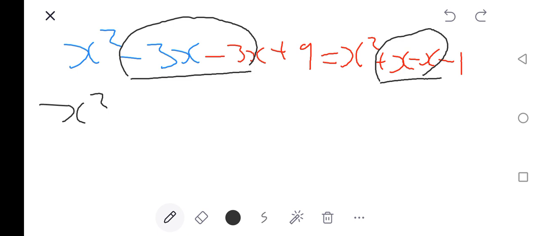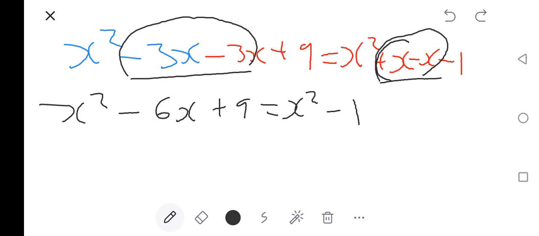Negative, negative means we're adding. So we've got negative 6x plus 9. We have x squared. x minus x is 0, so no need of writing it. So we just have negative 1. I haven't written the things here because I'm getting a 0 here.